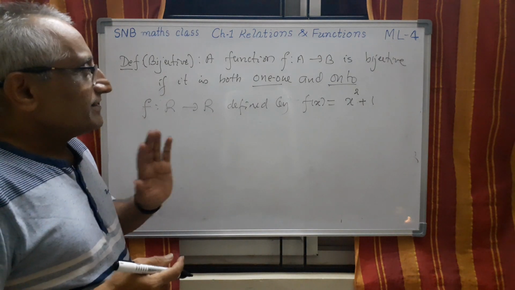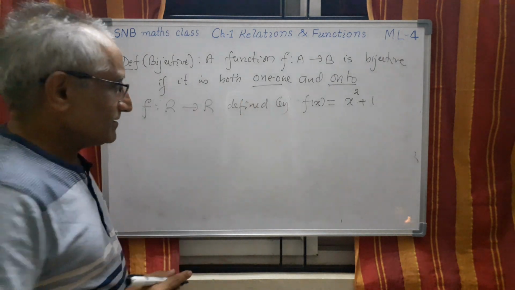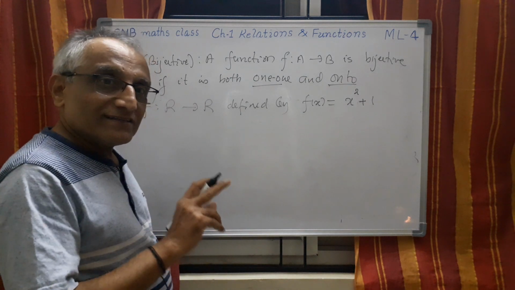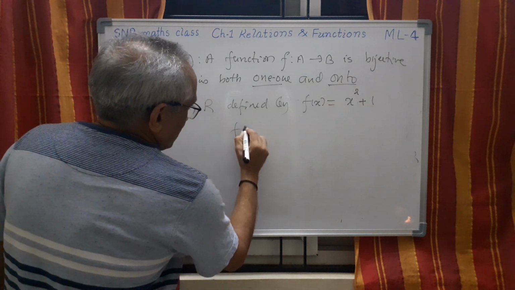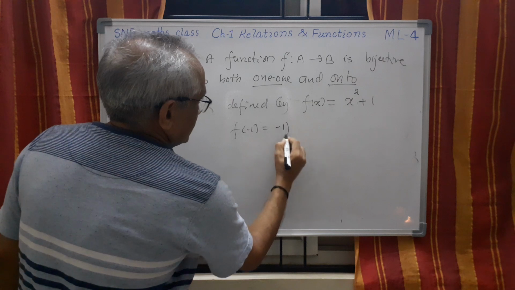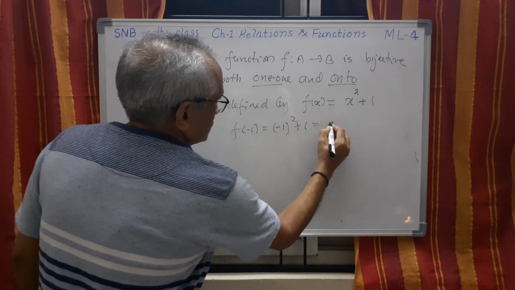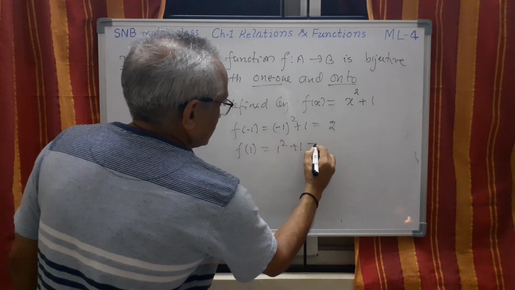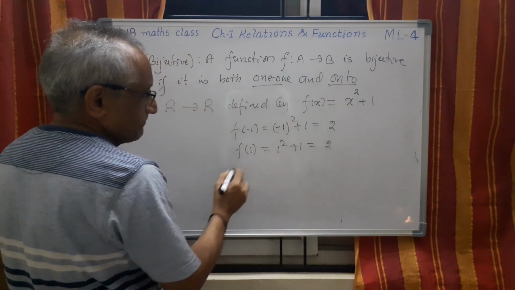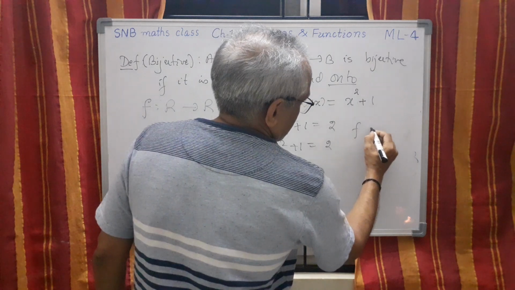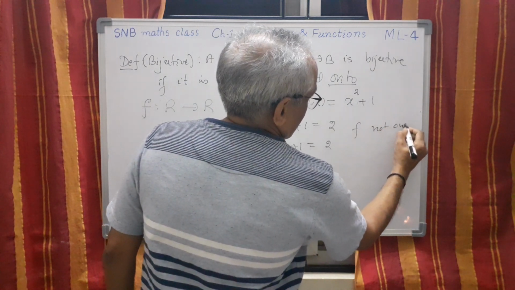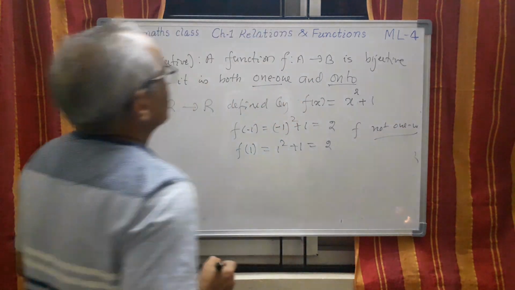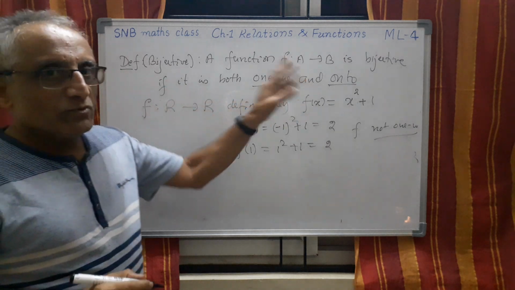Definitely it is not bijective because it is not 1-1 in the first place. f of minus 1 is minus 1 square plus 1, which is 2, and f of 1 is 1 square plus 1, which is also 2. So f is not 1-1. When it is not 1-1, it cannot be bijective because it should be both.